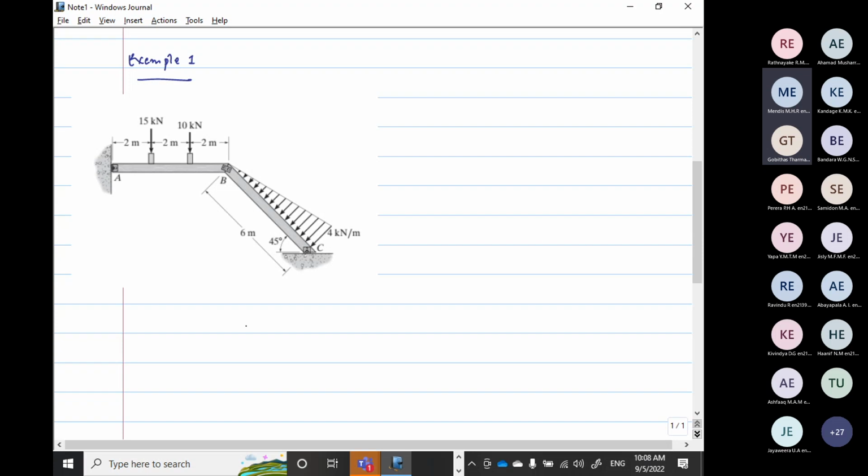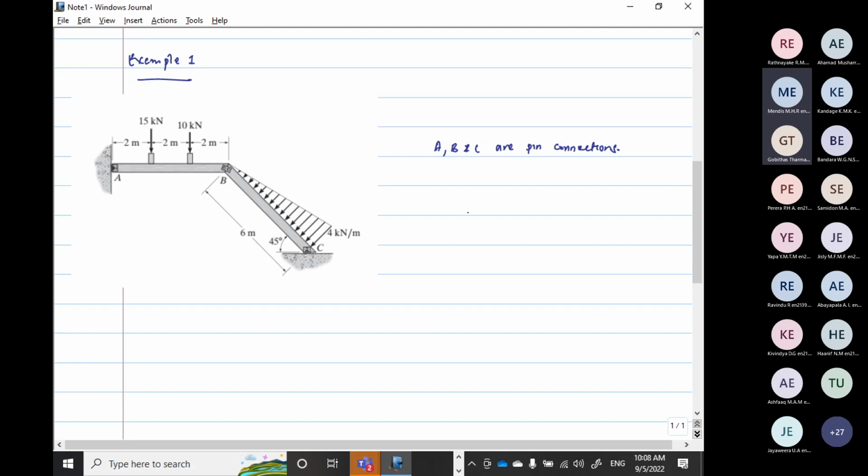Okay, so now A, B and C are pin connections. So now here we will have two reactions, and at C also we will have two reactions.